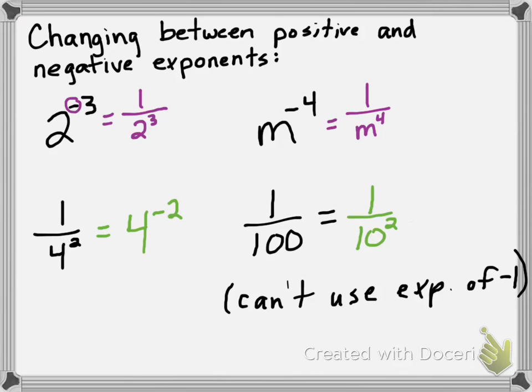So I didn't change anything, I just rewrote it, because 1 over 100 is the same as 1 over 10 to the second power. Well, now it looks more like this problem over here. So now I can finish, and I can write this, since it's 10 to the second power, but it's in the denominator, it really just means that it's 10 to the negative second power.